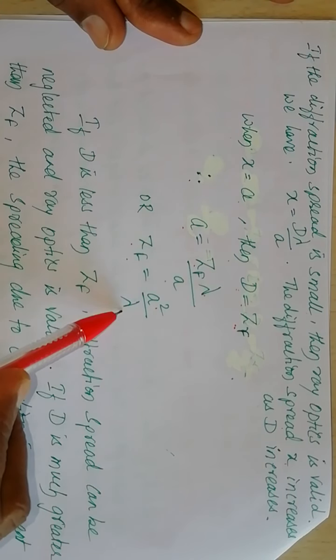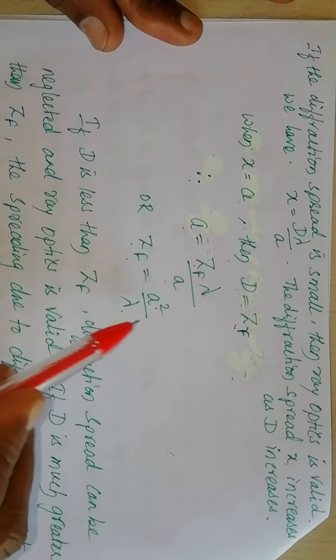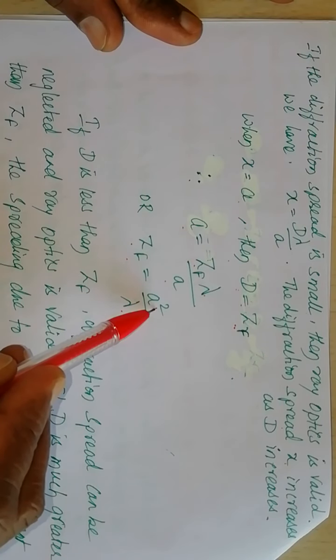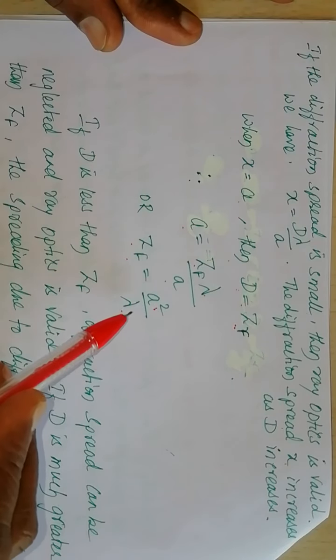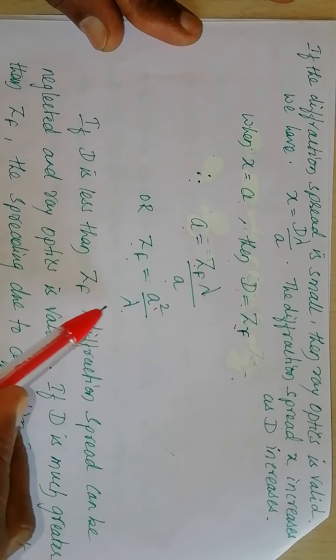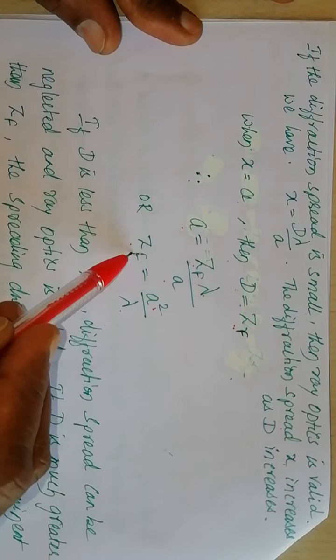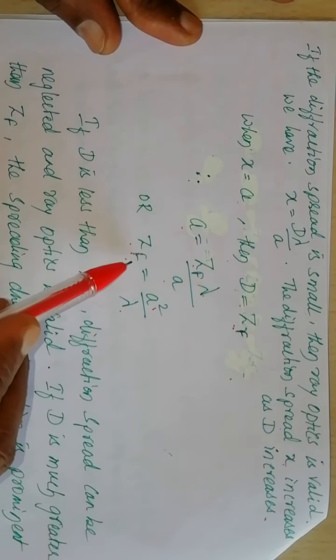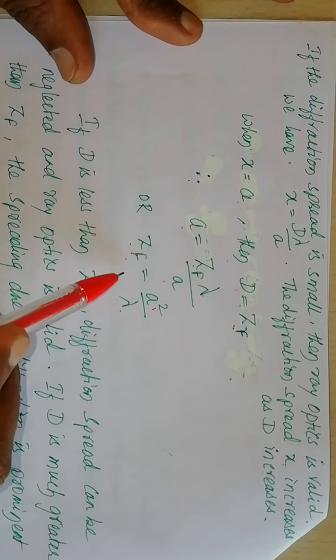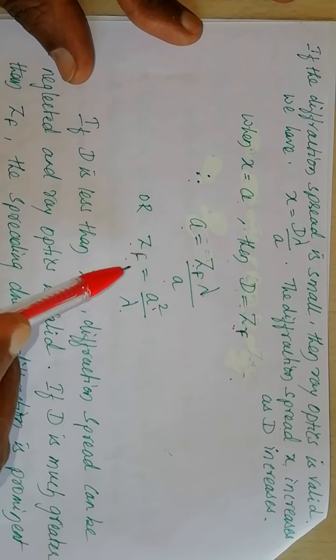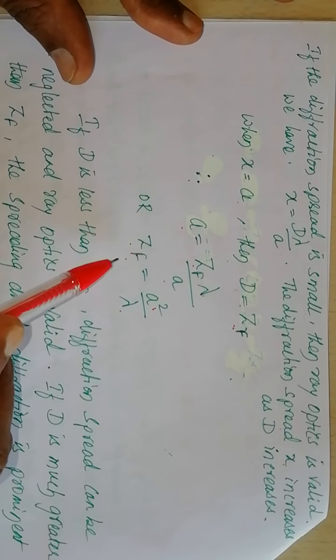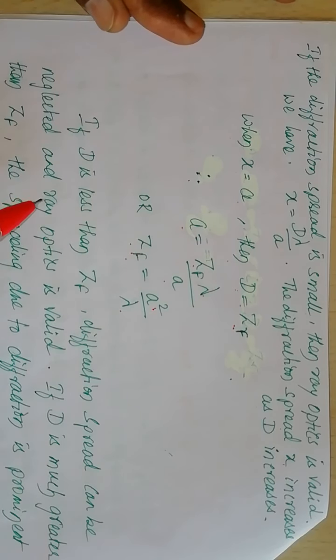or Fresnel's distance ZF equals a squared by lambda. If you know these parameters, the width of the rectangular slit wherein diffraction of light takes place, and lambda, the wavelength of light which illuminates the rectangular slit, we can calculate the Fresnel's distance, that is the distance up to which no spreading of light takes place due to diffraction.